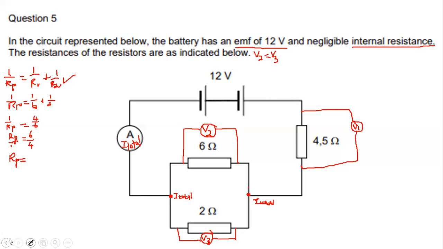Then we say 6 and we divide it by 4. Then just on our calculator, 6 divided by 4, and Rp gives us 1,5 ohms. This is most likely, definitely 3 marks altogether. So this is our answer to 5.1.